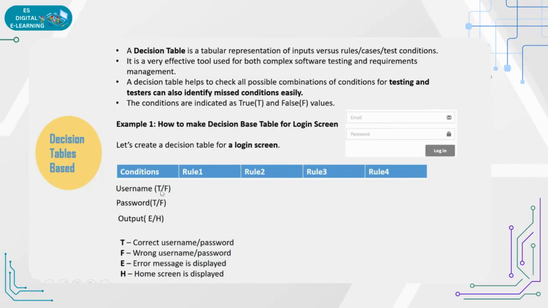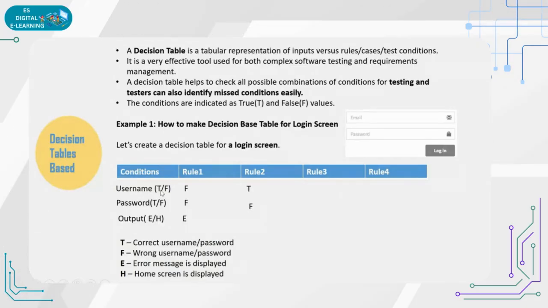Okay, so rule 1, I will give a false username. Next I will give a false password. Am I able to enter? No. Similarly, I will give a true username and a wrong password.